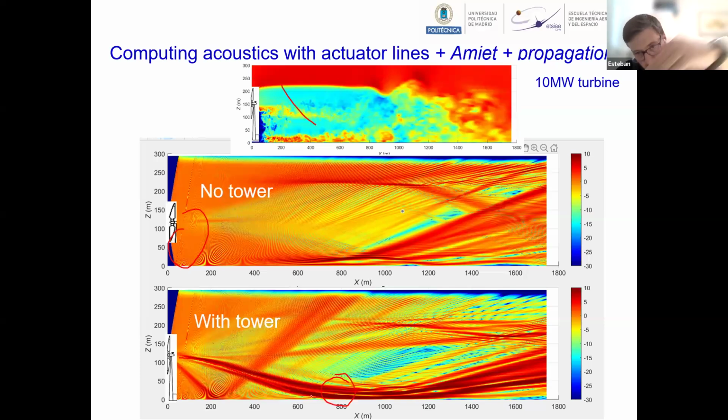So the acoustics are going down. The pressure waves are going down, meaning that we have a high amplitude level here, right? That can be important if what we are studying is the acoustics downstream. But we will miss this completely if we didn't include the tower in the calculations.